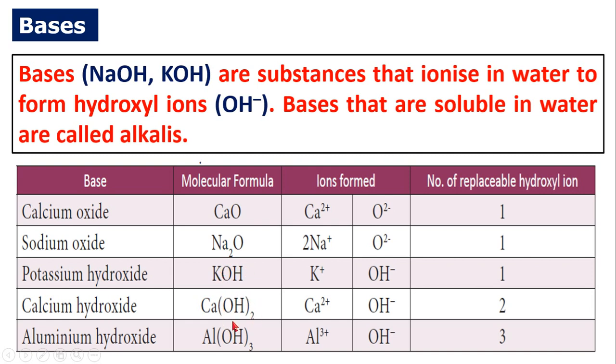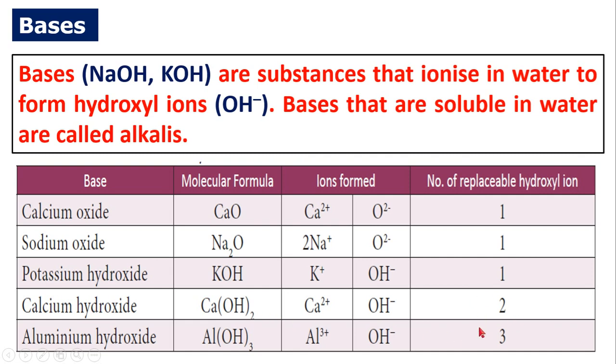Calcium hydroxide, here Ca(OH)2. Calcium has the valency 2. Hydroxide has the valency 1. So Ca(OH)2, according to the crisscross method. Calcium has a valency 2 and hydroxide has a valency 1. Here 2 hydroxyl ions can be replaceable.